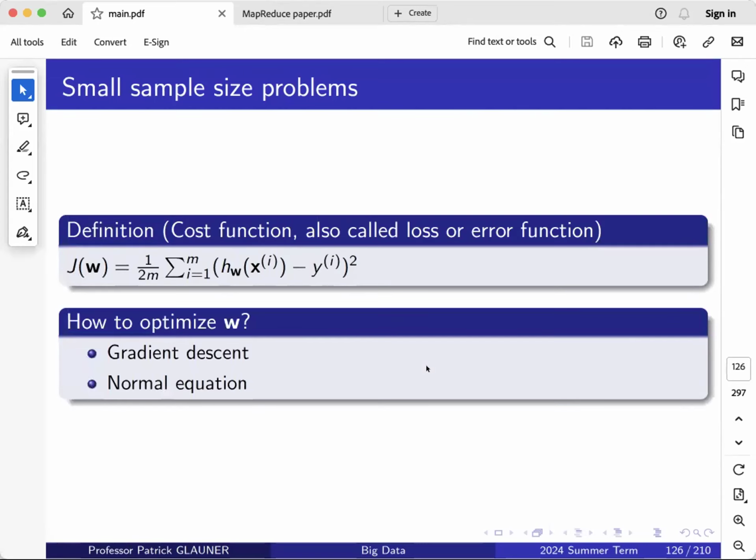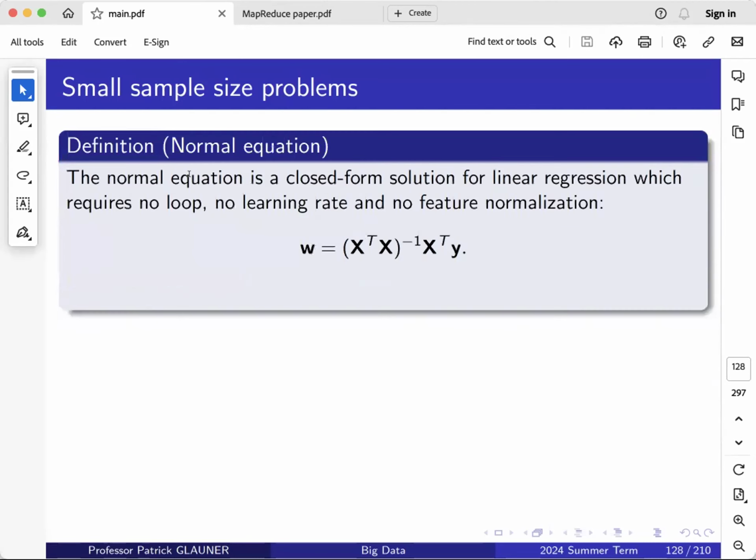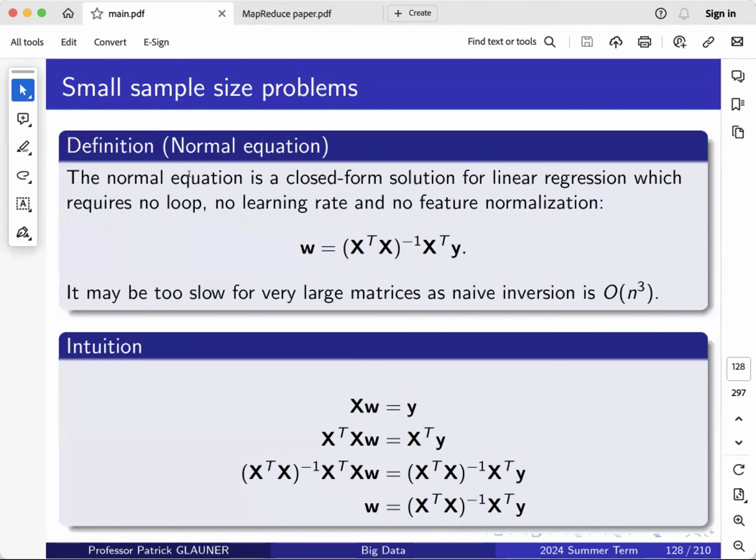This was the cost function or error function on the iPad. I called it E, but you can also just call it J, whatever. And we have seen there are two ways how to optimize the weight vector: gradient descent, and the normal equation. This was our gradient descent that we had written down. And this is the intuition of the normal equation.